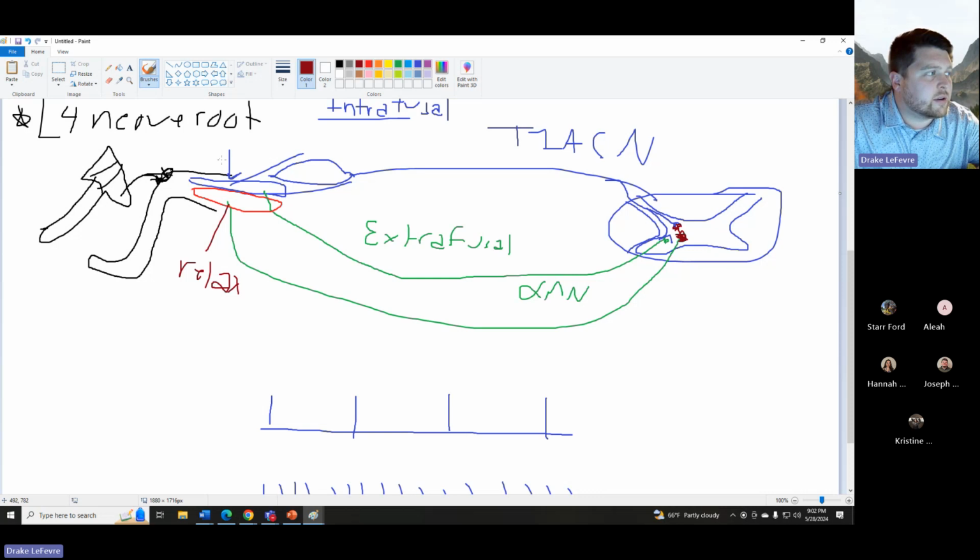So that way the quadriceps can contract and the hamstrings are forced to relax. So that's one step that occurs.